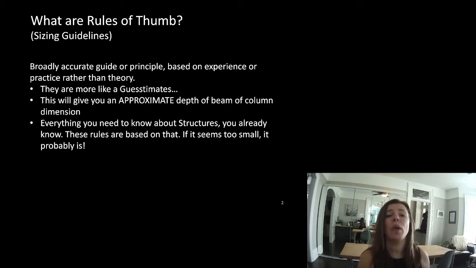You know in your gut that something seems wrong sometimes. And we're going to talk about a few examples of that, where these sizing guidelines give us some information. And when you stop and think about it, you're like, no, that doesn't make sense to me. How can that be right? And that's when it's important that you understand that these are not always the answer. They're a starting point.